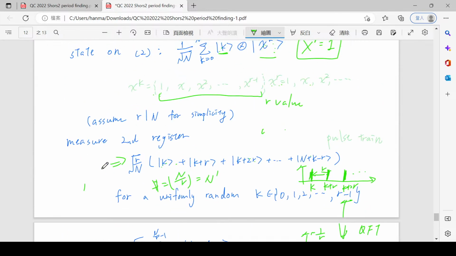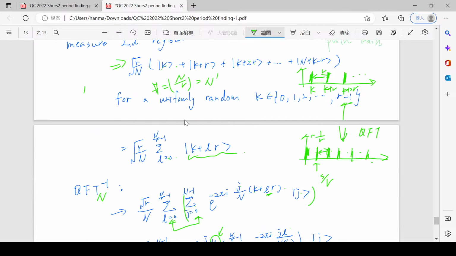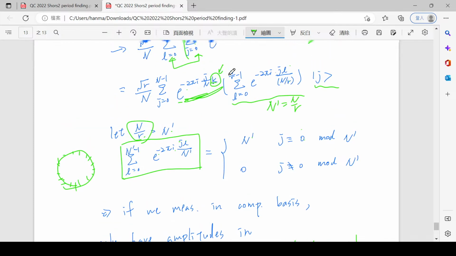Previously, when we just measured this in the computational basis, this k gave us a lot of trouble. But when we do the QFT, we basically get rid of this k information. We turn it into some irrelevant dimension, kind of. So this part is just some phase, doesn't matter.